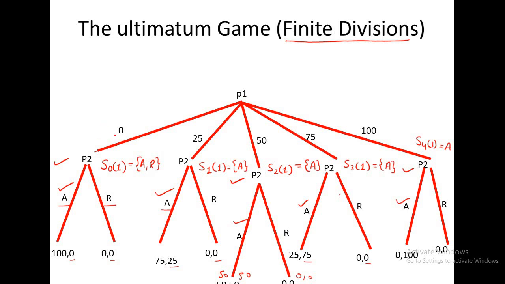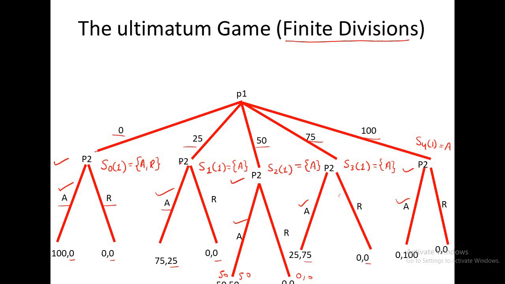Now which offer is best? 0, 25, 50, 75, 100. Which offer is best, because the player P2 is accepting every offer? Now which offer is best for the player 1 in response to this strategy? If P1 takes 0, then he will get the payoff of 100, because P2 is accepting the offer.